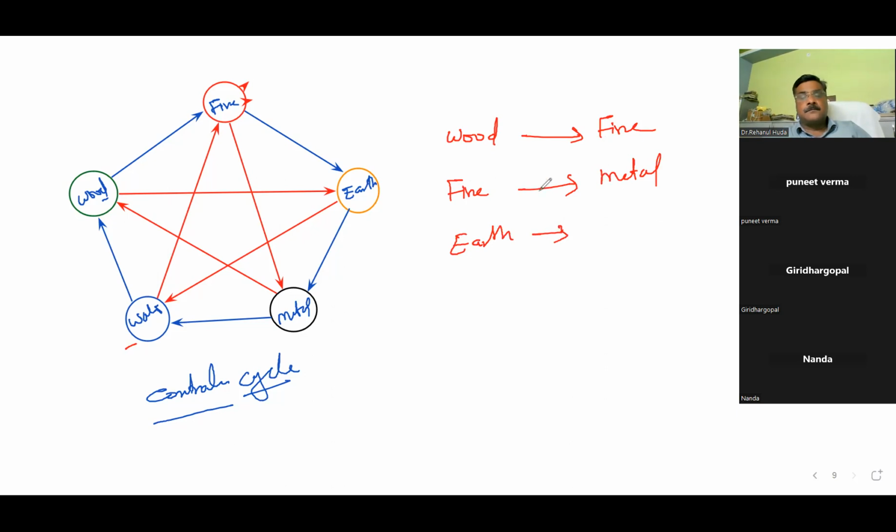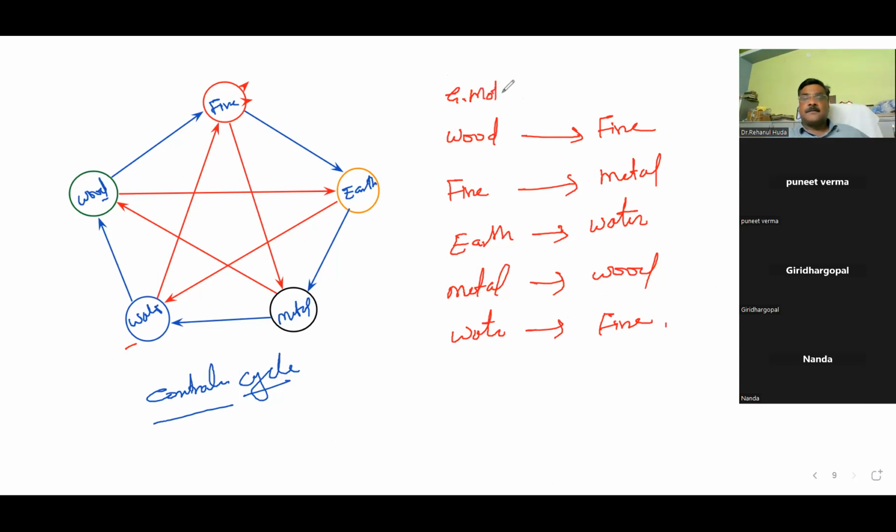Earth controls water. Metal controls wood, and water controls fire. So you can see this organ is the grandmother organ. This organ is the grandchild organ.